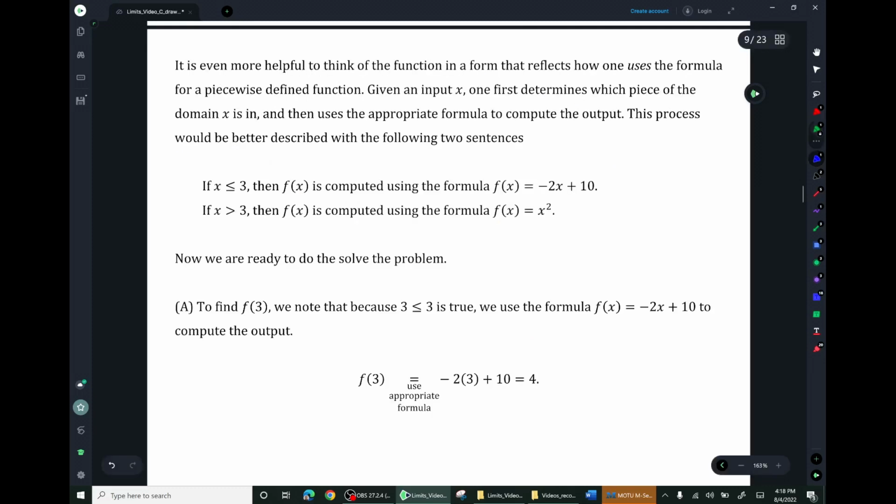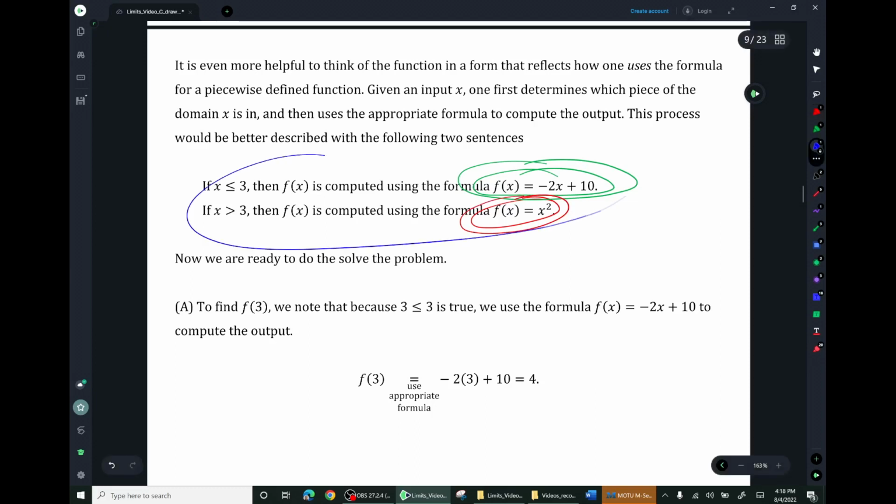We have this equation, f of x equals minus 2x plus 10, and we have this equation, f of x equals x squared. So we're going to make a graph of y equals minus 2x plus 10, and we're going to make a graph of y equals x squared, and those two separate graphs are going to go into making a graph of the function f of x.